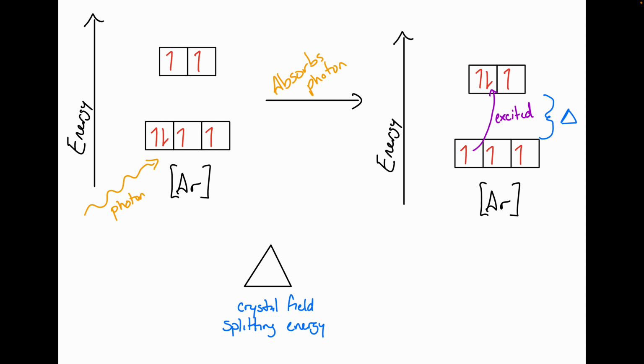If you're promoting your electron from this energy level to this energy level right here, the energy of that photon has to be exactly equal to that distance. So our crystal field splitting energy is going to be exactly equal to the energy of the photon absorbed.